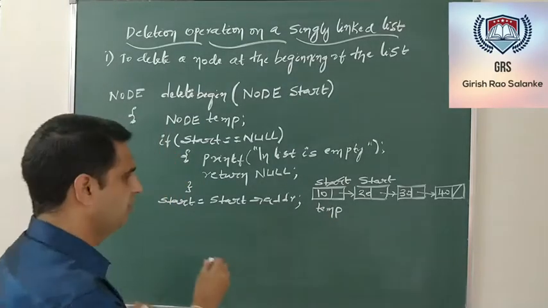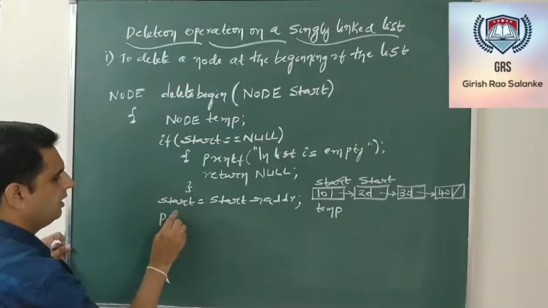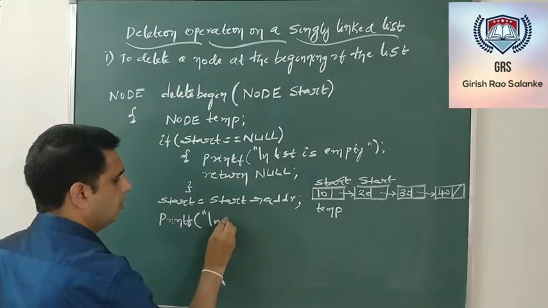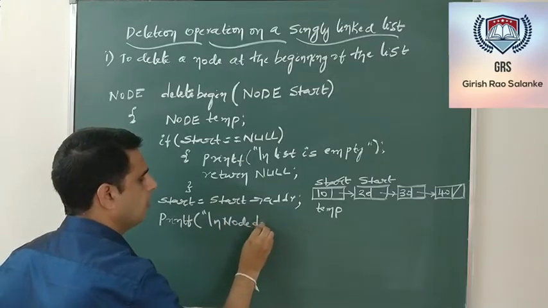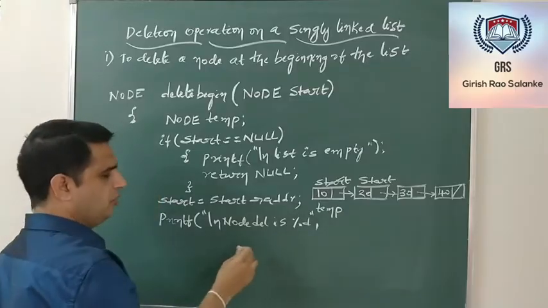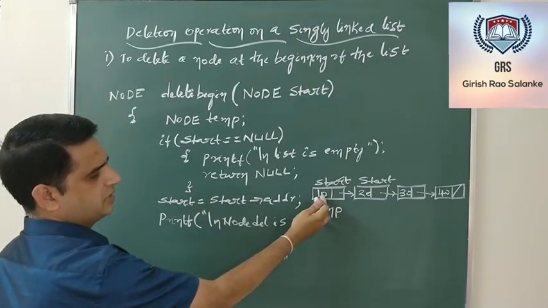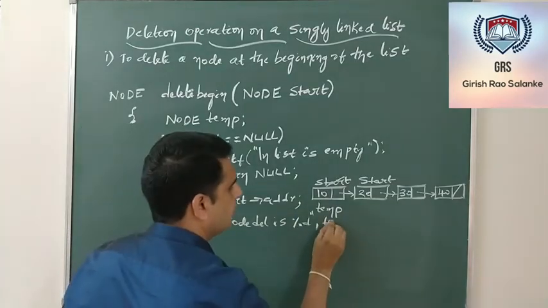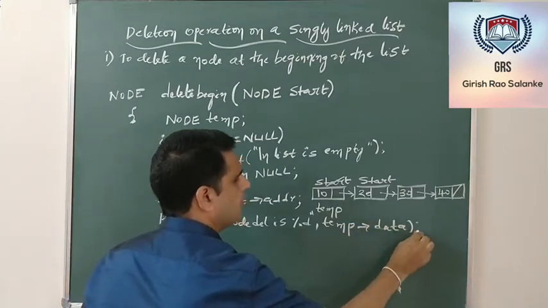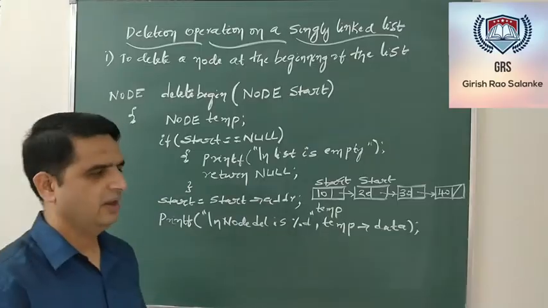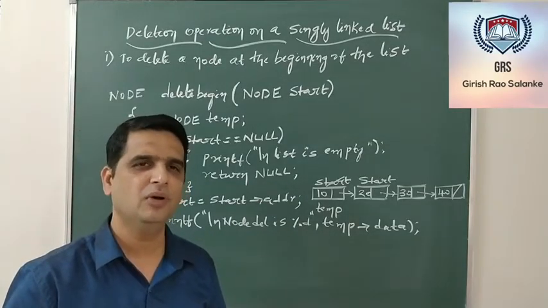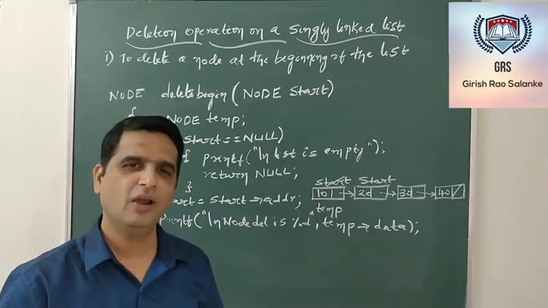Okay, now delete temp. So we'll just have a printf statement: printf node deleted is %d. I'll just print the information which I am deleting, which is there in temp of data. Now, in case of dynamic memory allocation, deletion is nothing but deallocating the memory. How to deallocate the memory?